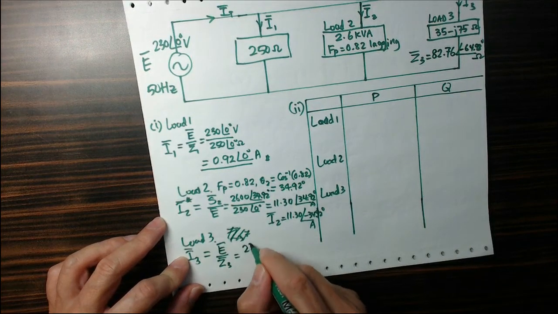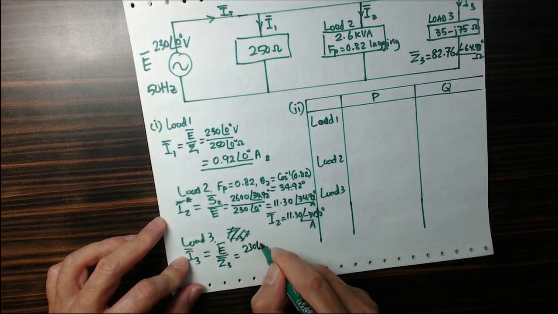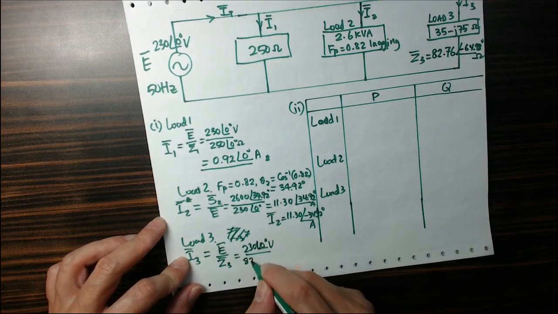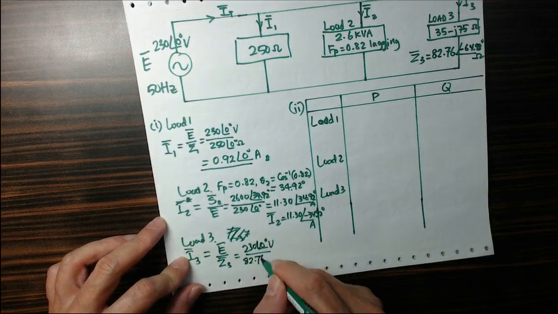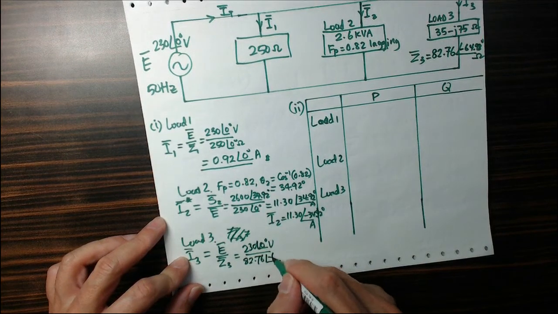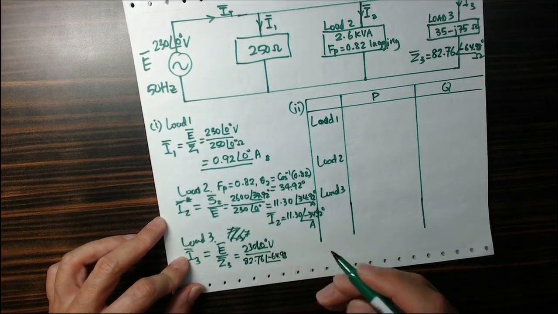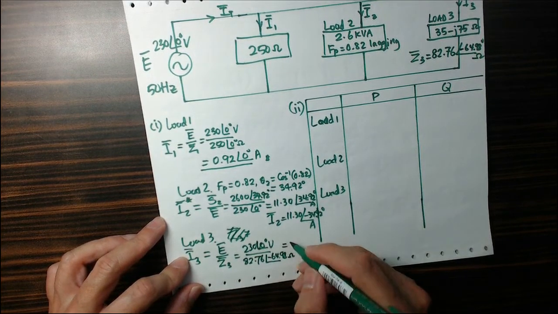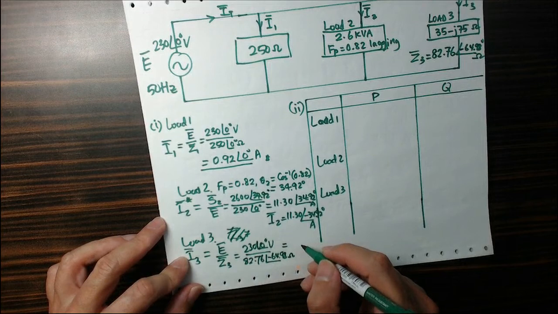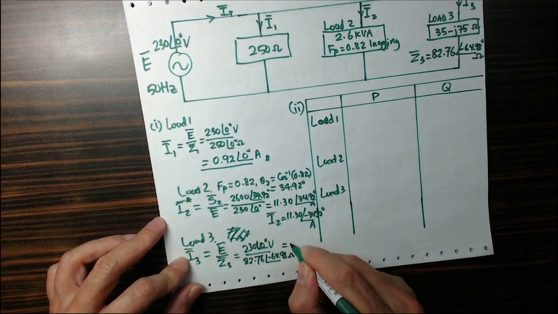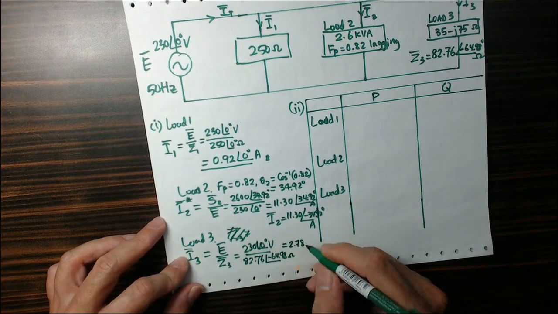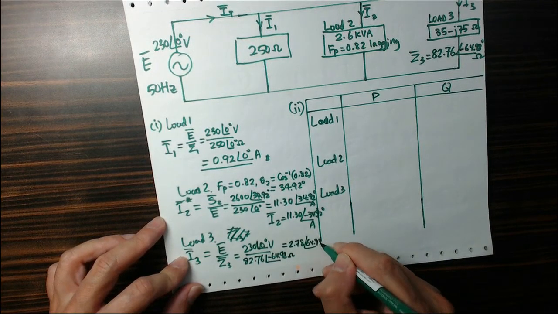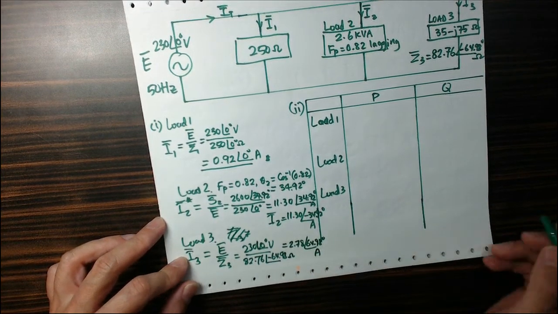That is 230 angle 0 volt divided by 82.76 at an angle of minus 64.98. That gives me a current of 2.78 angle 64.98 degrees ampere.